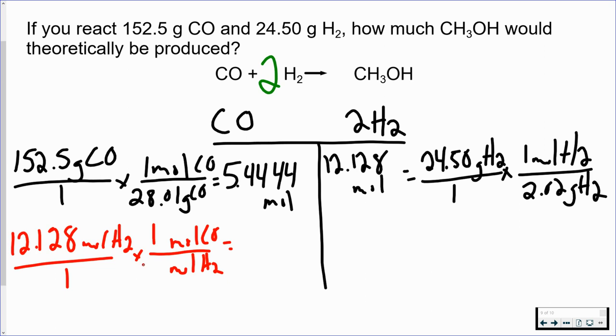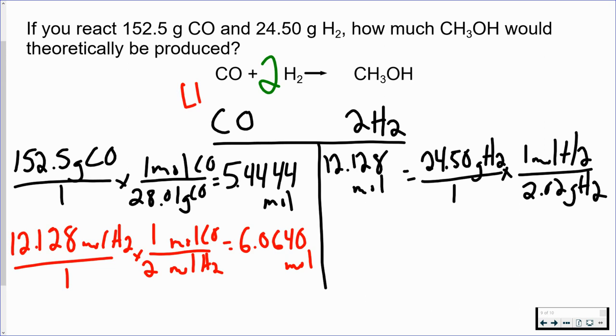And this is a 1 over 2. So now we're going to take 12, divide it by 1, and we're going to get a total of 6.0640 mole. So right now, if I were to subtract, you would notice that I would have a negative number on this CO side.